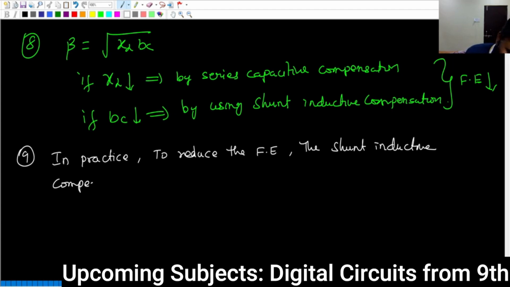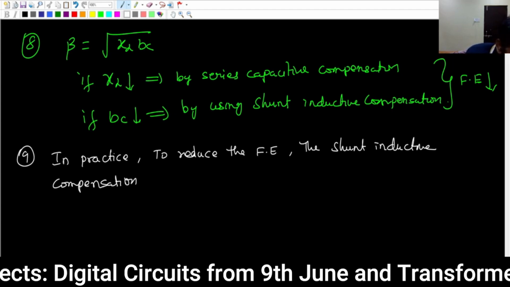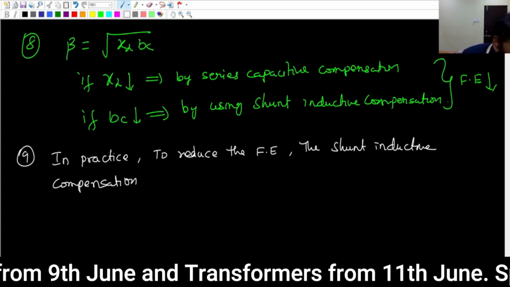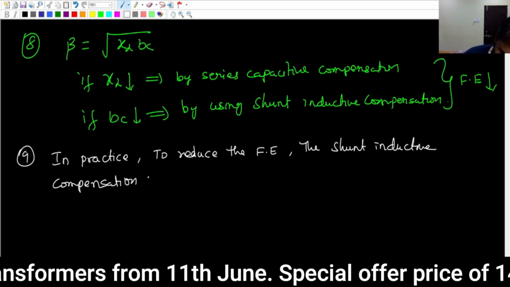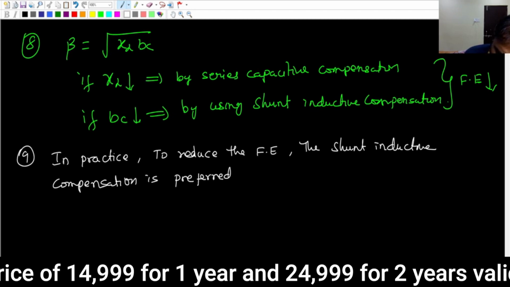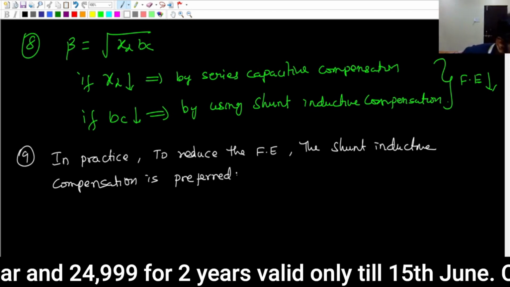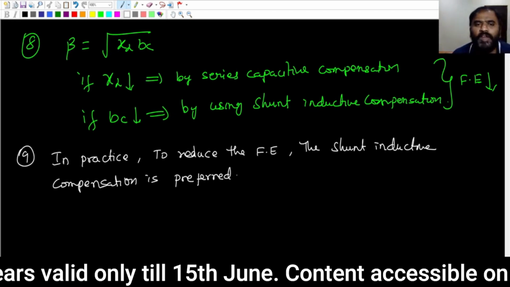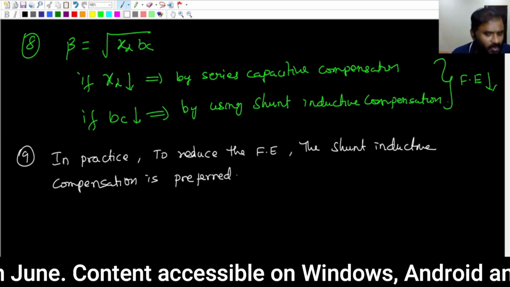It's a commonly asked question. The main advantage of a shunt inductor in a power system is to reduce the Ferranti effect. Okay, clear? So that's it. That's the Ferranti effect and its importance.